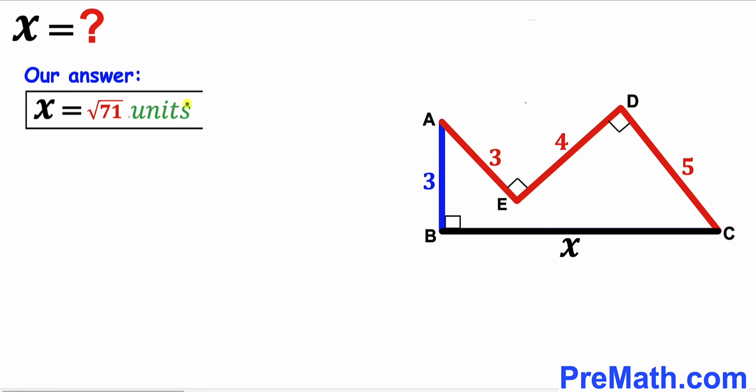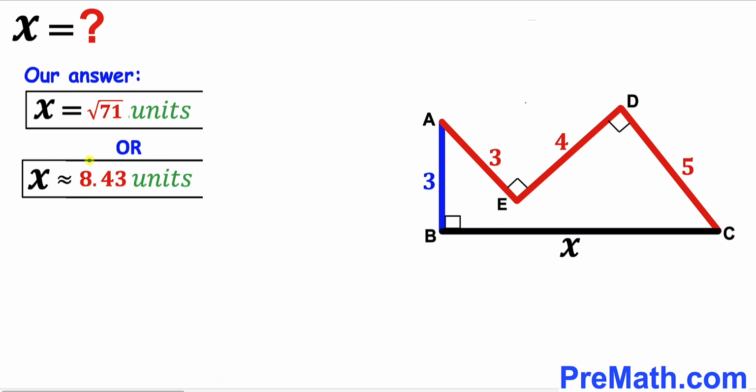Thus, after all the calculations and manipulations, our x value turns out to be square root of 71 units, which is approximately equal to 8.43 units as well. And that's our final answer.